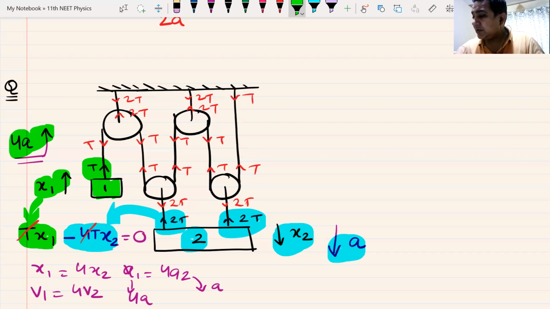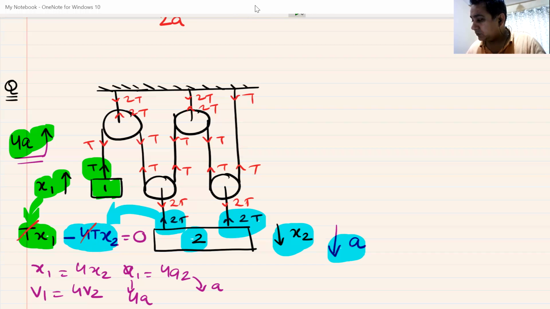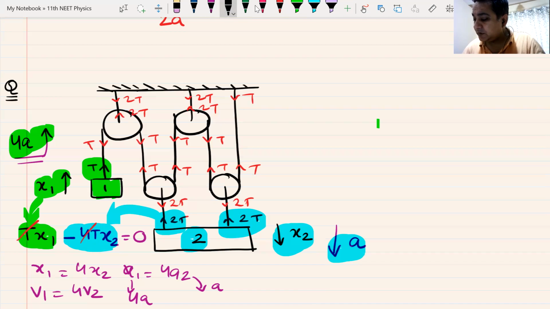If I say that this block number one is M1 and this block is M2, just for example, M1 and M2. I must keep on repeating the steps. I have got the relation between A and 4A, but that is not the question.